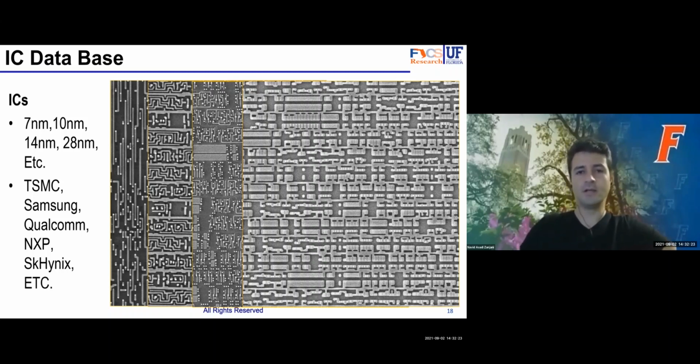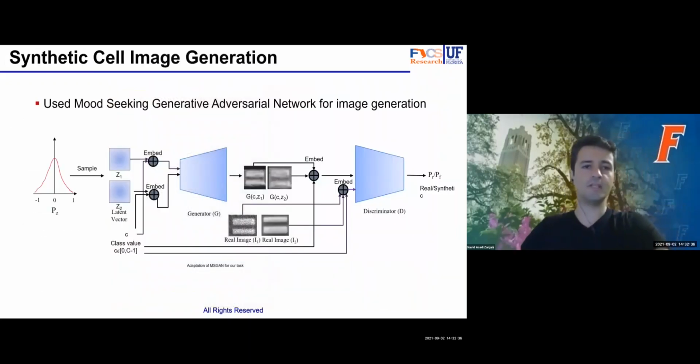And as I mentioned, trust-hub.org is a website that we are trying to put some of these data on. Another effort we are putting in is using GANs to raise the number of data samples.